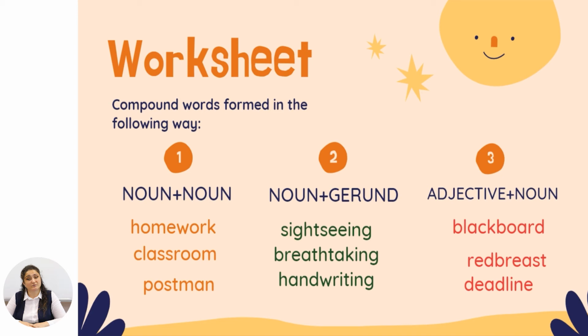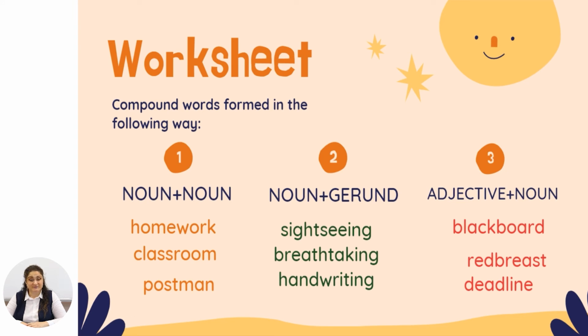First, noun plus noun, like in homework, classroom, postman, classwork, etc. The second way is noun plus gerund, like in sightseeing. So gerund is the ing form of the verb. Sightseeing, breathtaking, handwriting.